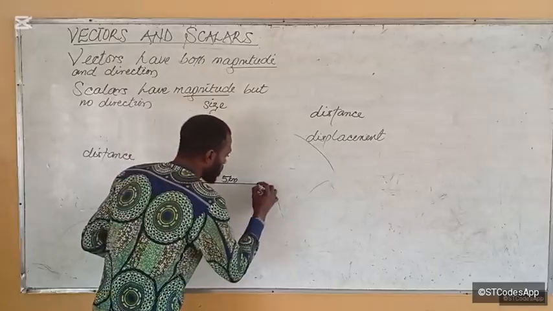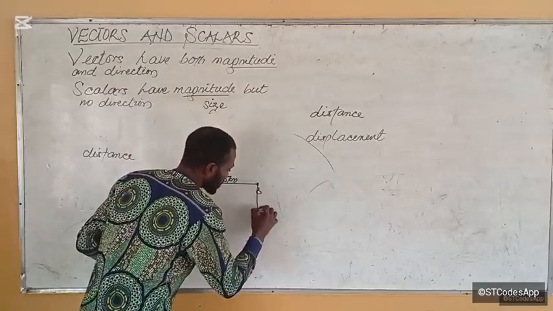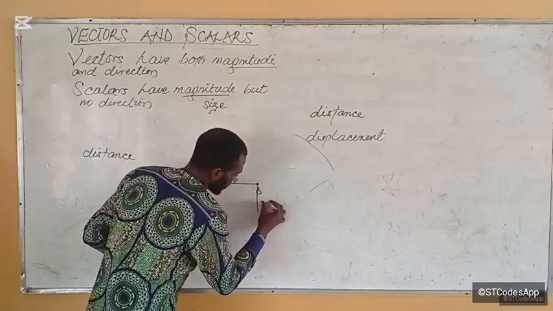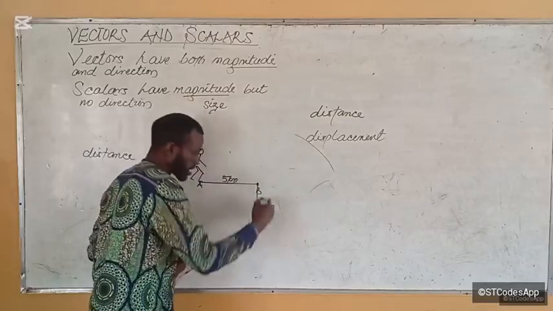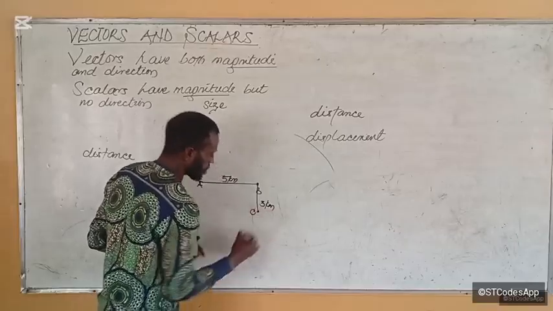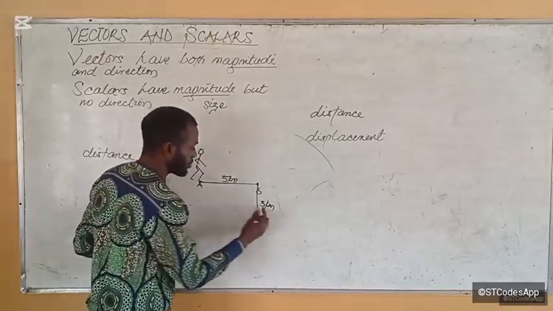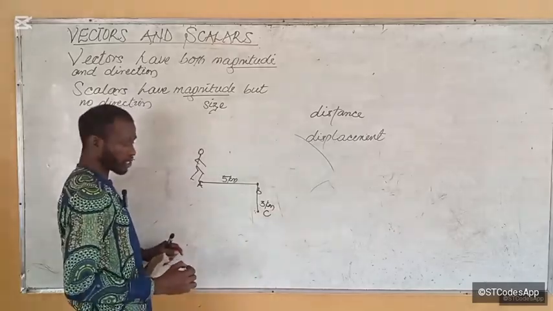Then he changed his course and moved 3 kilometers due south to position C. Let's put C here.